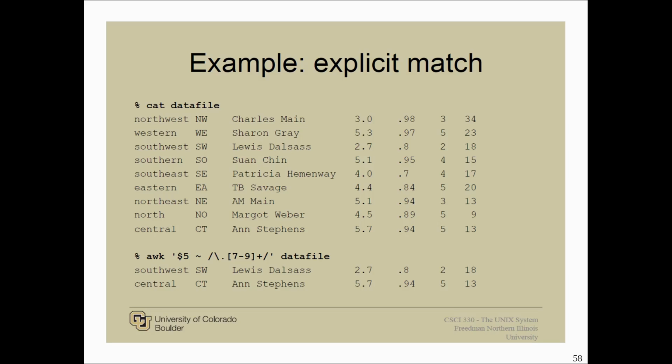We need it to mean just a period. So we can escape it with a \, and then we follow it with the brackets 7 and 9. So that's going to look for the digits 7 and 9. And then that's followed by the plus sign, which means one or more times. So it's going to look for dot, a number between 7 and 9, one or more times.